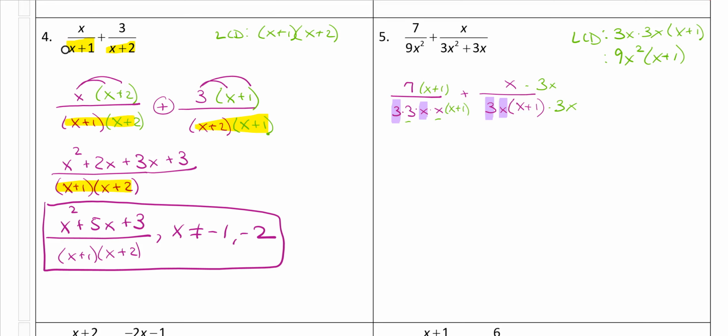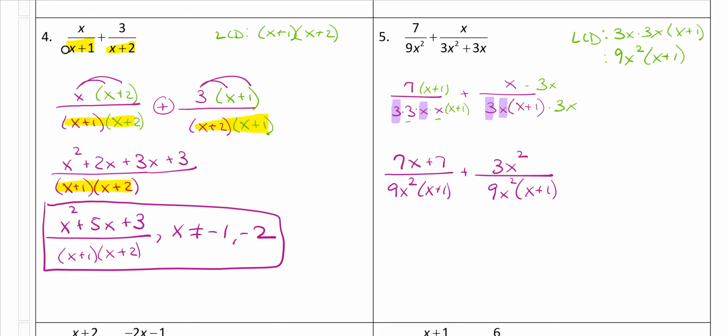So on top, we're going to have 7x plus 7 over, now remember 3x, so we have 9x squared times x plus 1, which should be our least common denominator, plus 3x times x is 3x squared, and again 3x times 3x is 9x squared times x plus 1.